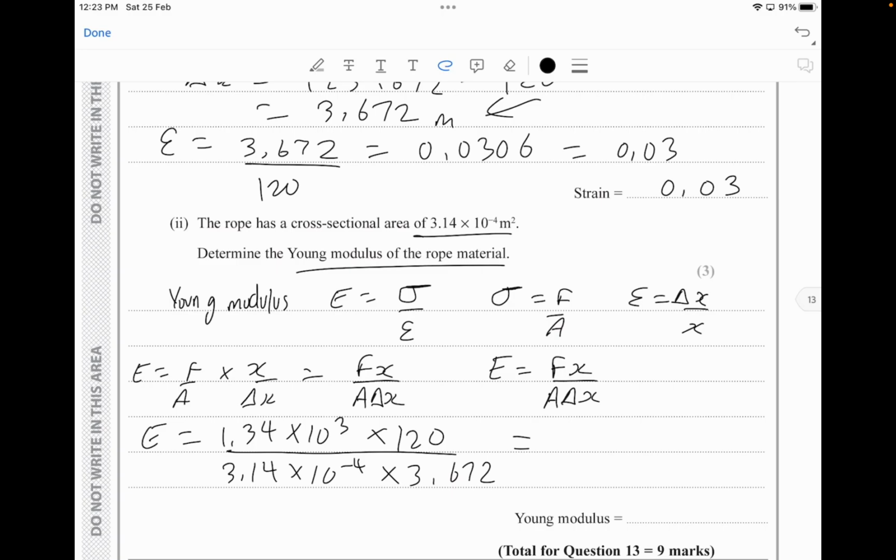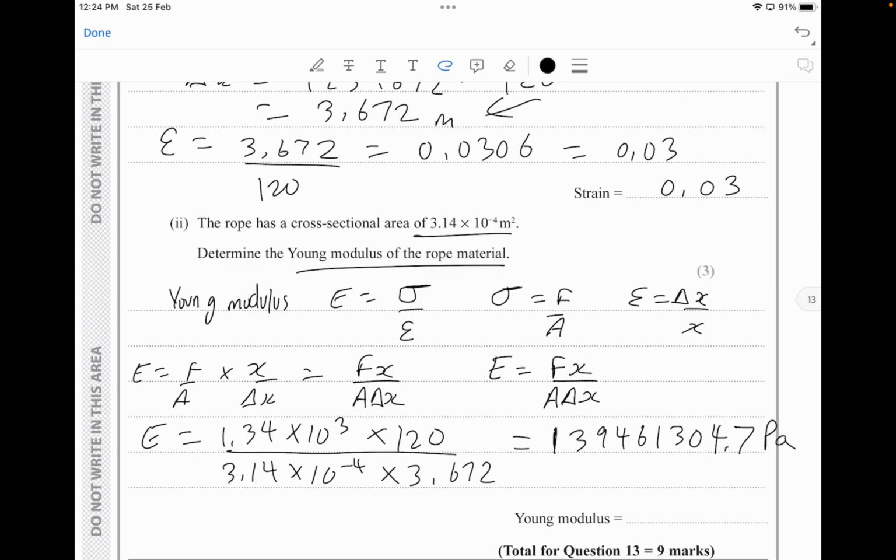If you plug in your values into your calculator, you're going to get an answer of roughly about, I'm just going to plug these values into the calculator. So 3.14 times 10 raised to the power negative 4 multiplied by 3.672. You're going to get a really big answer actually. So it's going to be 1,394,61304.7 pascals.